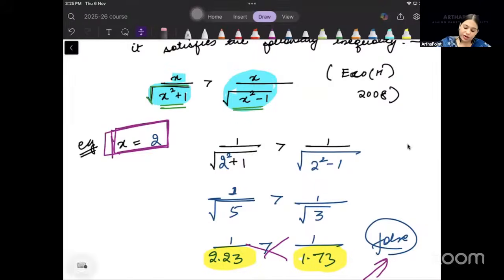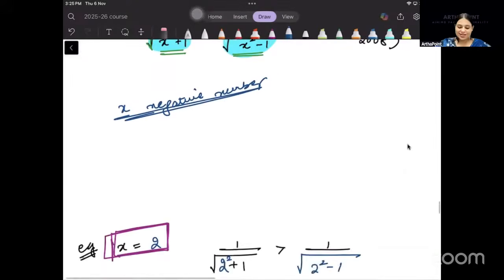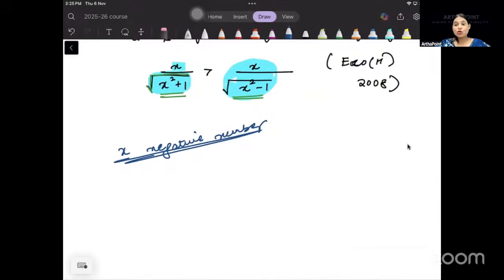Now let us take x to be a negative number. I have to show you a lot of things here. Question solving is not important. कुछ कुछ सीखना जरूरी है. So we take x to be a negative number. I mean, yet I am not at the answer. So let's say I take x to be minus 2.